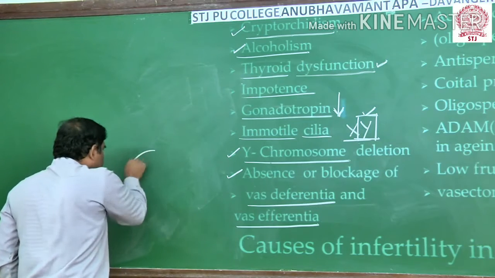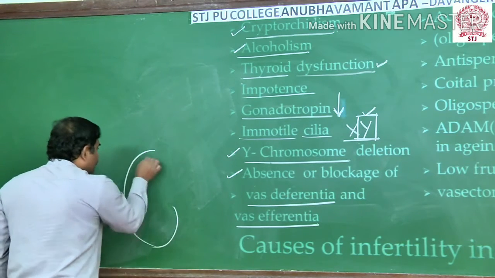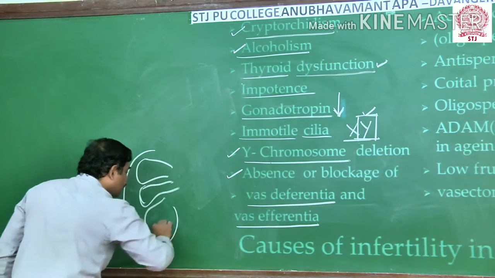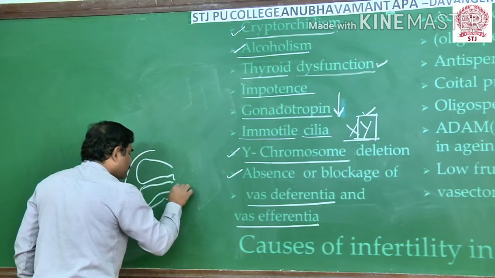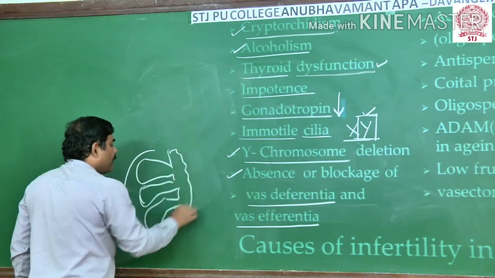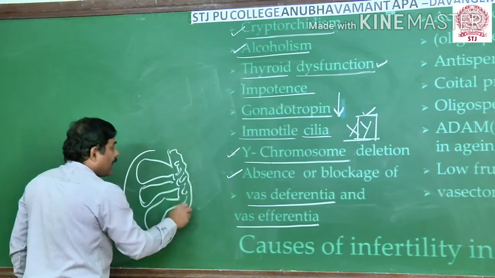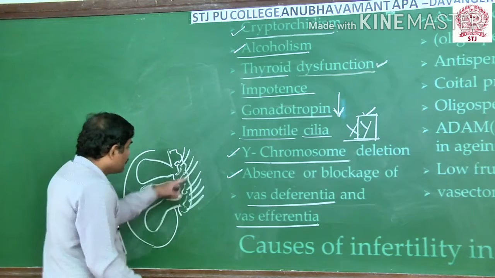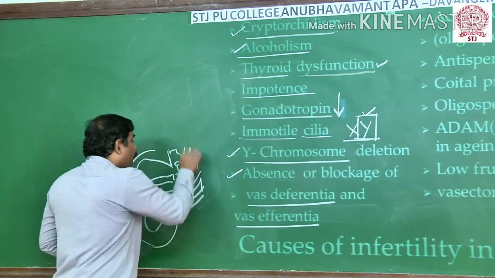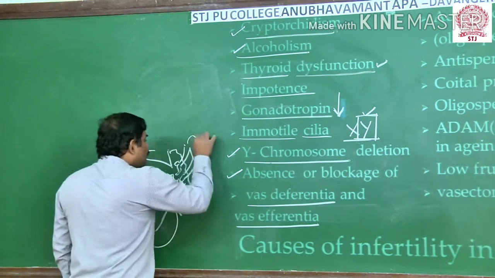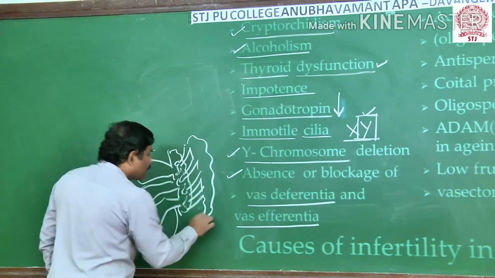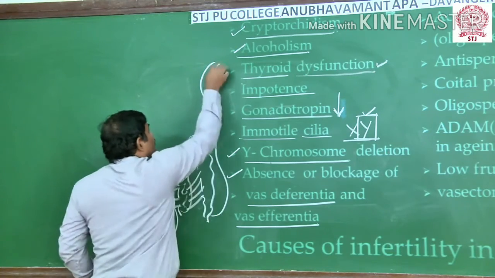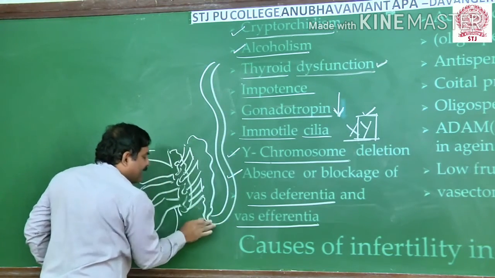Within the testes you can see testicular lobules present like this, and these testicular lobules lead to the development of the rete testis, and from the rete testis the vas efferentia develop. These parts are known as vas efferentia, and all these vas efferentia combine together to form the epididymis, and this epididymis develops into a vas deferens.